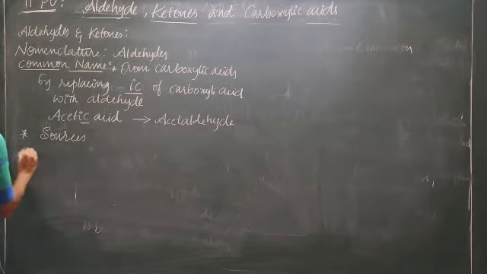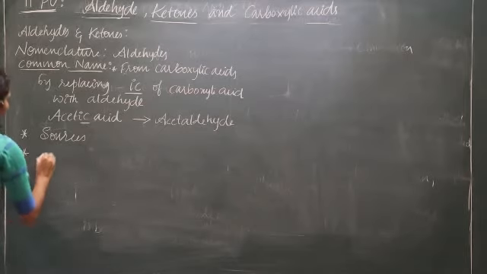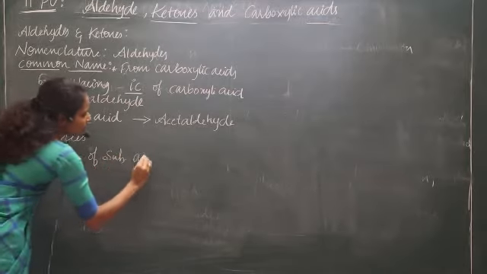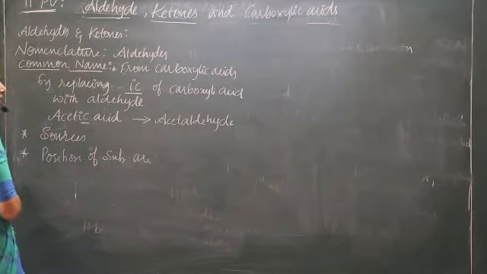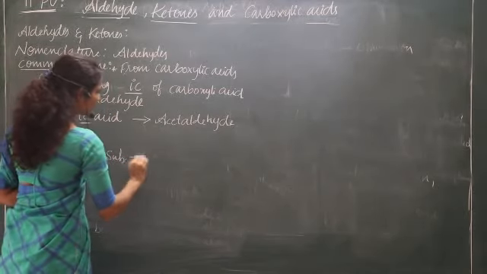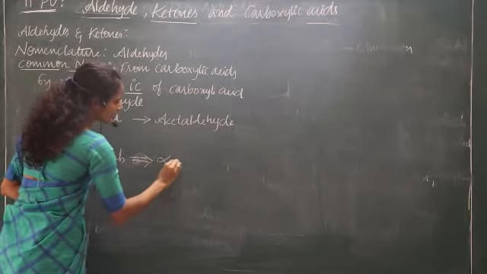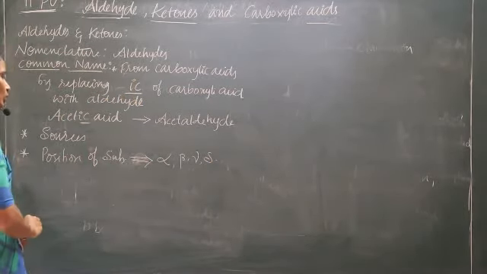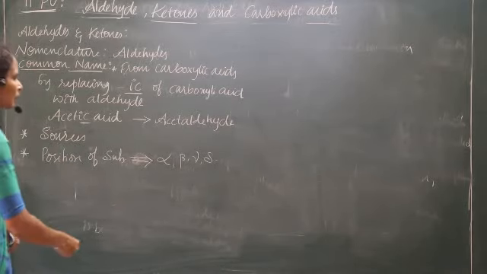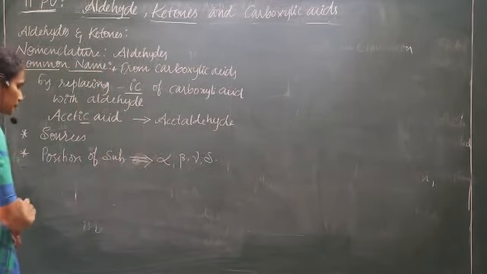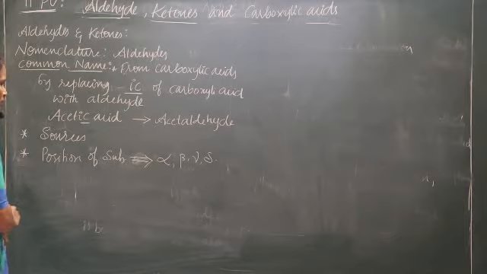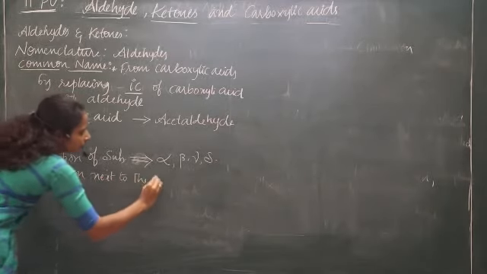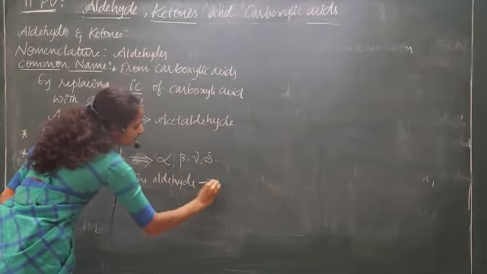Now next is the position of substituents. The rule is that positions of substituents are indicated by Greek letters like alpha, beta, gamma, delta, etc. If there is a bromo group attached to a carbon, its position is represented by alpha, beta, gamma, etc. The carbon next to the aldehyde will be alpha.